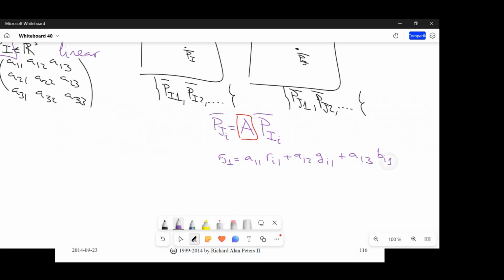This is for color 1. Then we have a similar equation for the green, with A21, A22, A23, and the same for the blue.